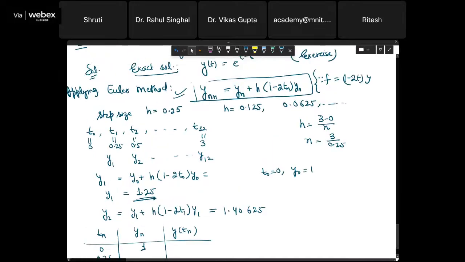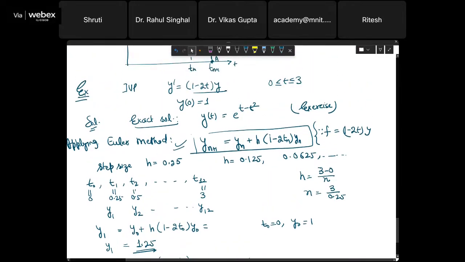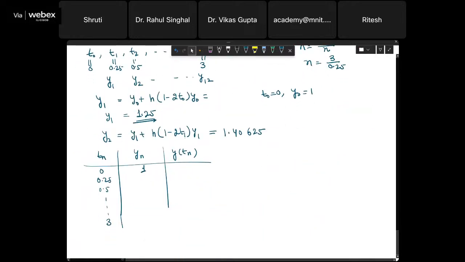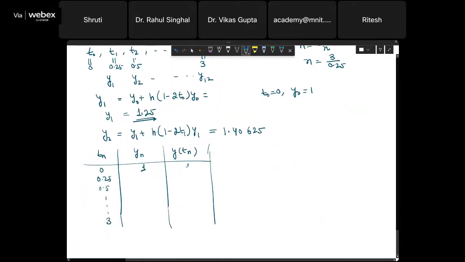The exact solution you can obtain with the help of the formula which you already have. And then we can calculate the error in the last column, which will be the absolute value of the difference between the actual value and the approximate value. Manually, of course, this includes a lot of computation and takes a lot of time, but by writing a program you can compute it.